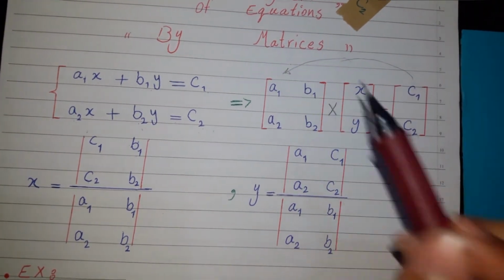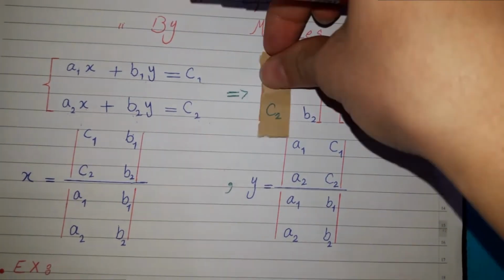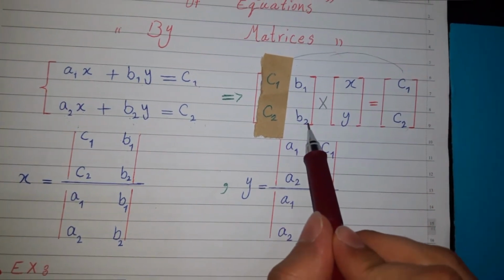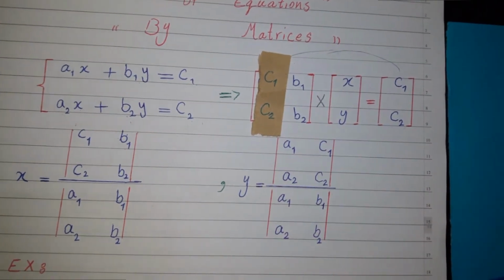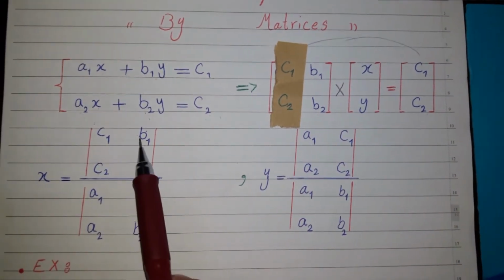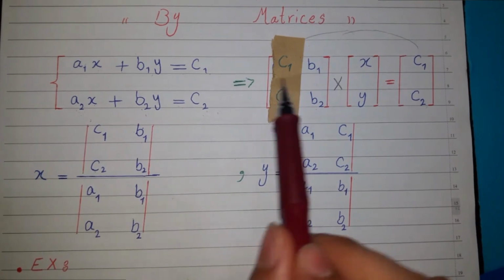So we move it here, and we have c sub 1, b sub 1, c sub 2, and b sub 2.